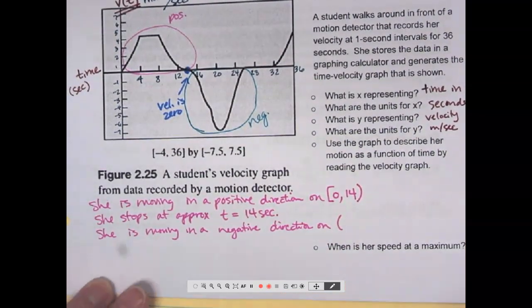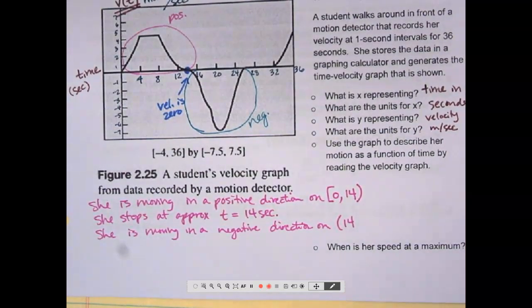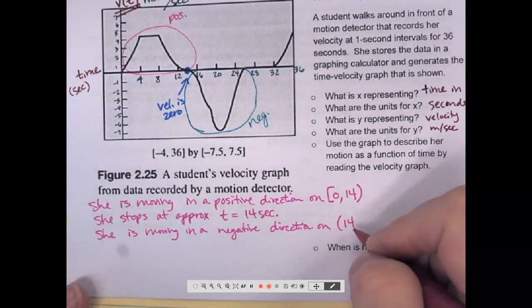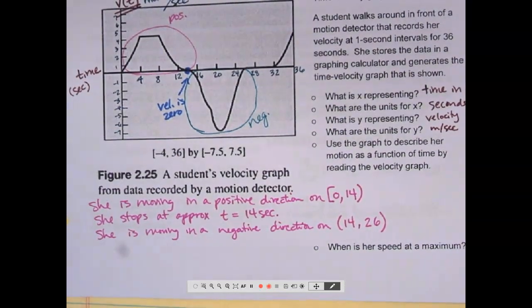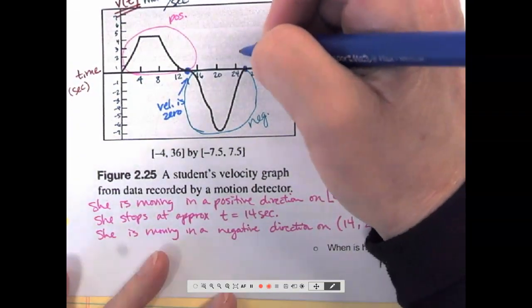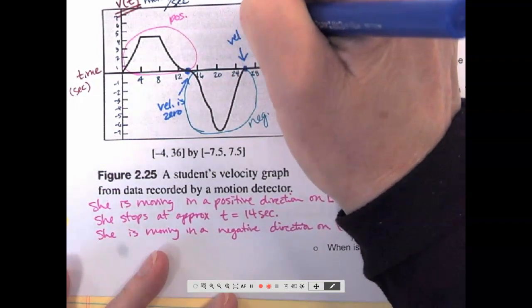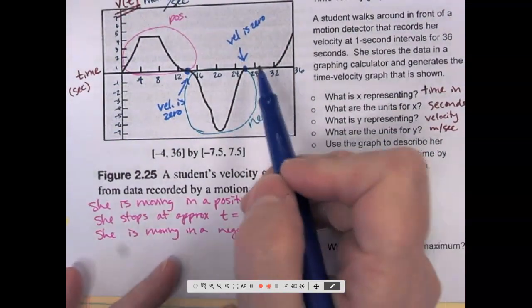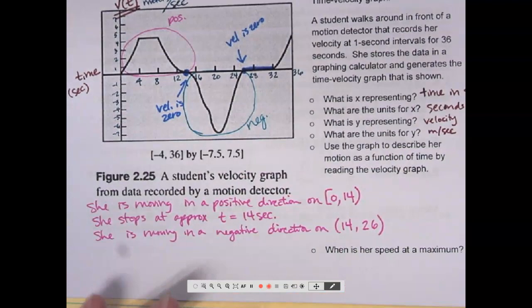Okay, so it's going to start right after 14 seconds until when? About 26. Okay, what happens at 26? Velocity is 0. But look, it's 0 that whole span right there, isn't it? Okay, so what happens? She is just resting.